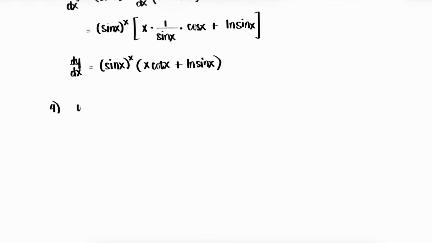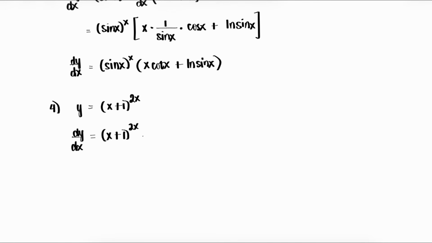We want to find the derivative of y equals x plus 1 to the power of 2x. Okay, so dy/dx. First, we copy x plus 1 to the power of 2x.